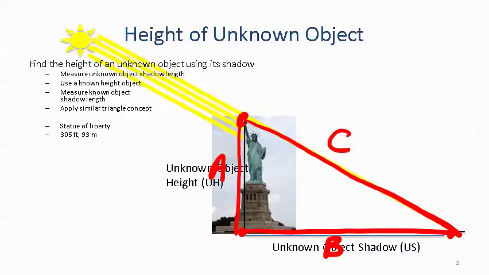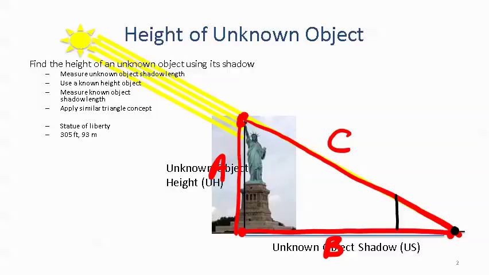Let us use now a stick of known height. And we are going to place the stick such that the shadow that is formed by the stick is at the same location as the shadow of the original object.